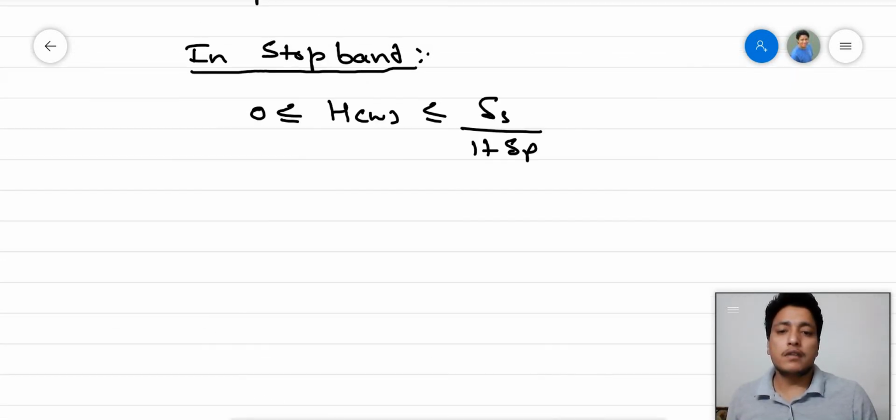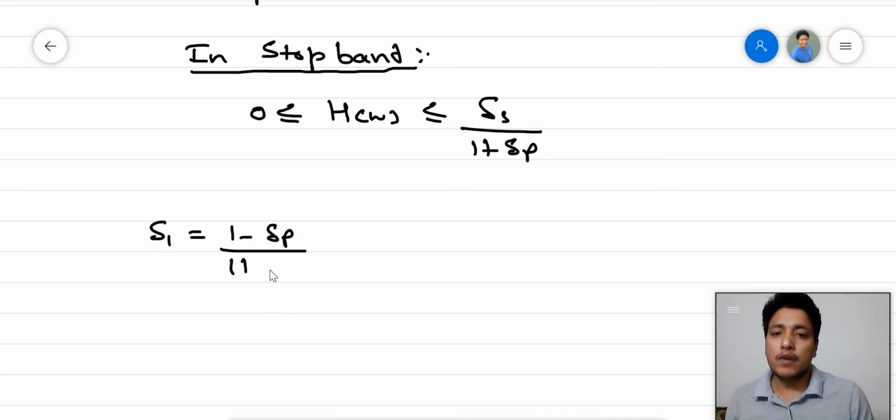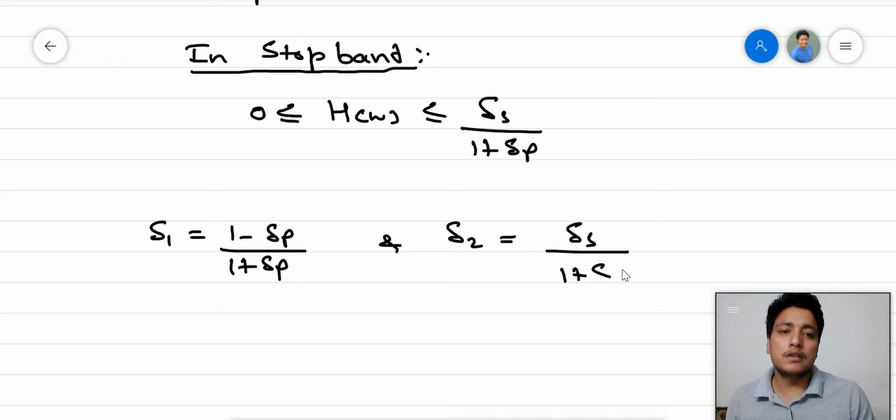Now for better understanding and writing purposes, we will write delta 1 equal to 1 minus delta p over 1 plus delta p, and delta 2 equal to delta s over 1 plus delta p.